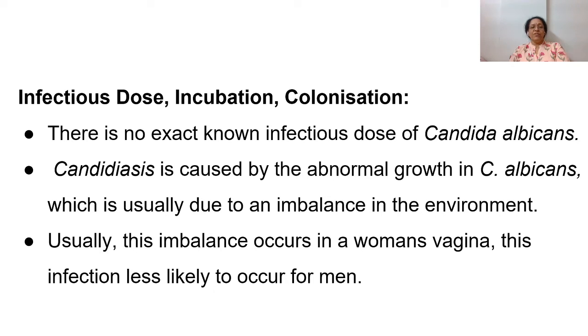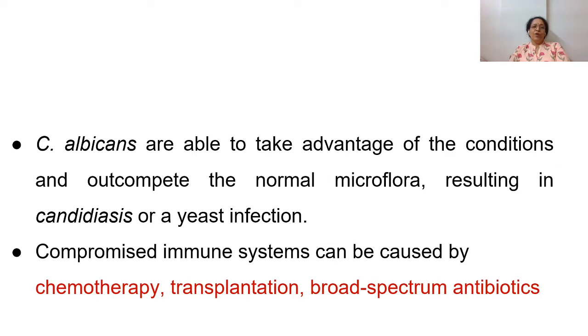But chances of transmission from woman to man are also common. Here, Candida albicans are able to take advantage of the conditions which are present in that particular body. They outcompete the normal microflora, resulting in candidiasis, that is yeast infection.